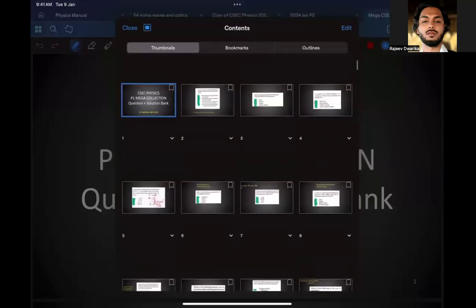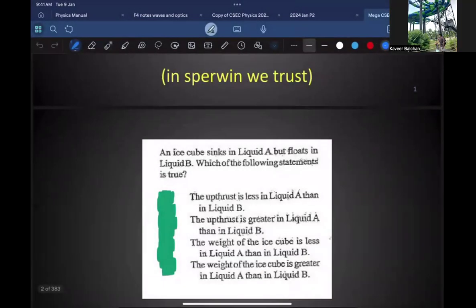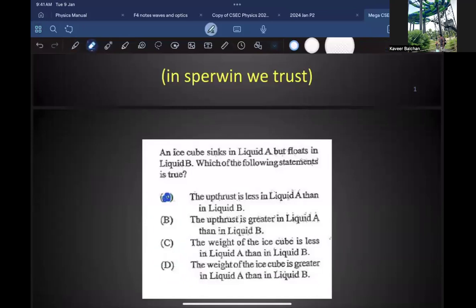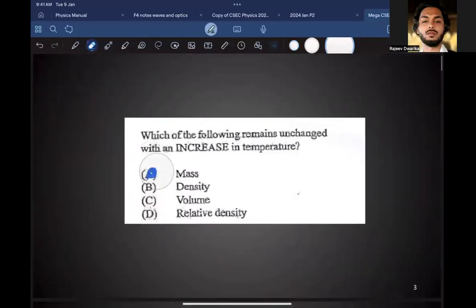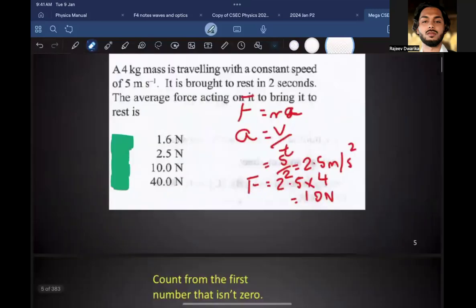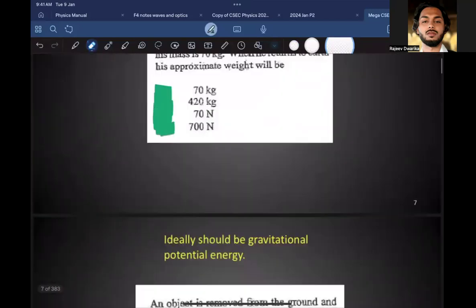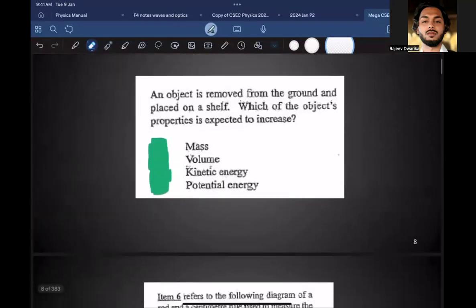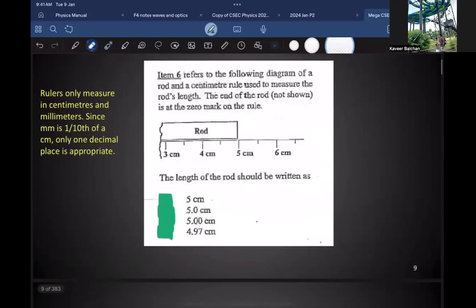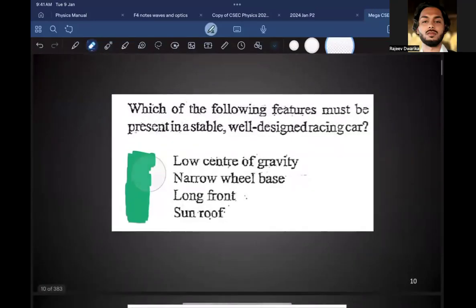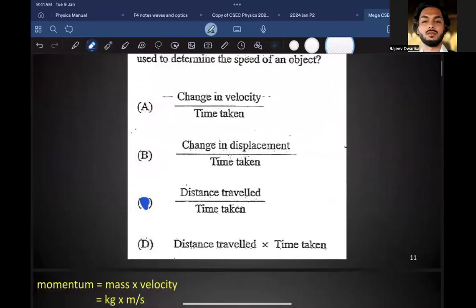Most of it is repeat, right? But this has all the possible questions, like every single one. This is like a CXE question bank. Once you learn these off, you're gonna get full marks for sure. So I will send this.